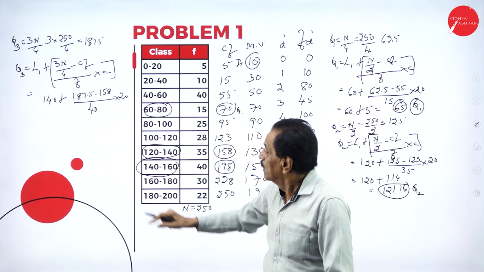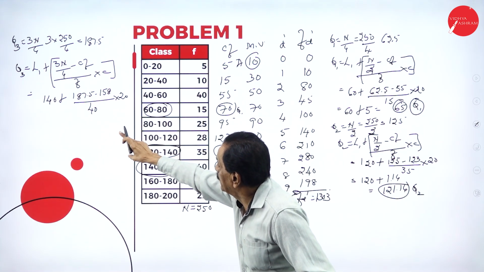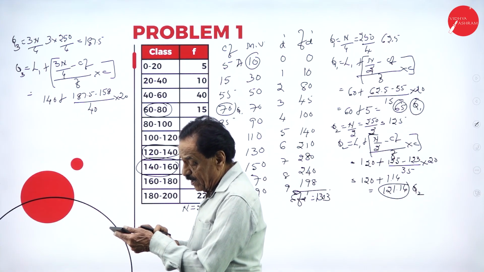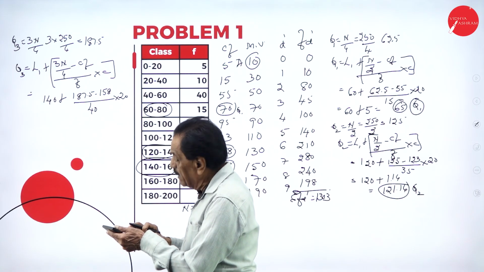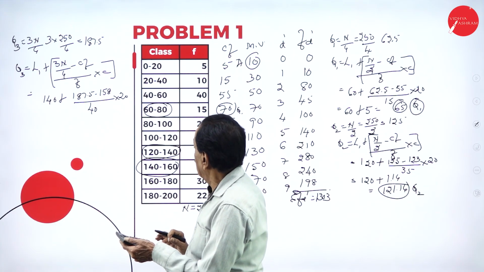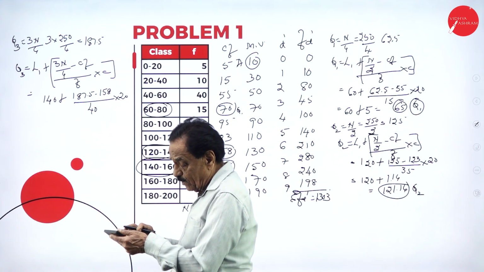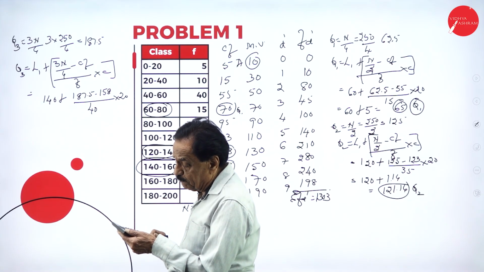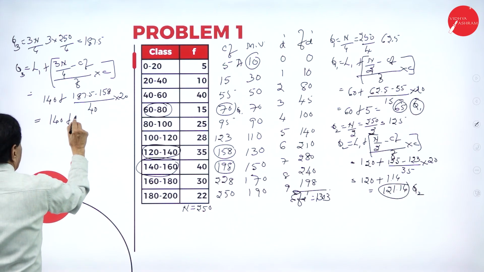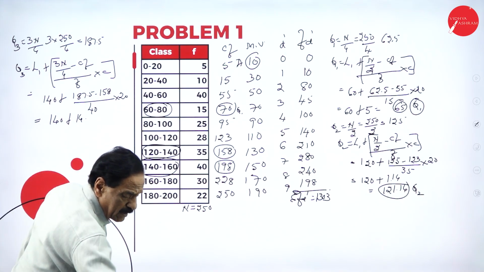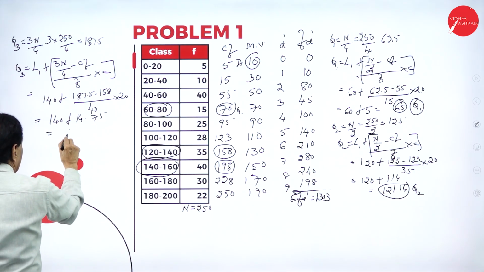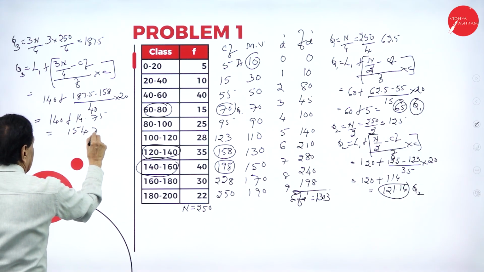So 187.5 minus 158 is 29.5, divided by 2 is 14.75. 140 plus 14.75 is 154.75.